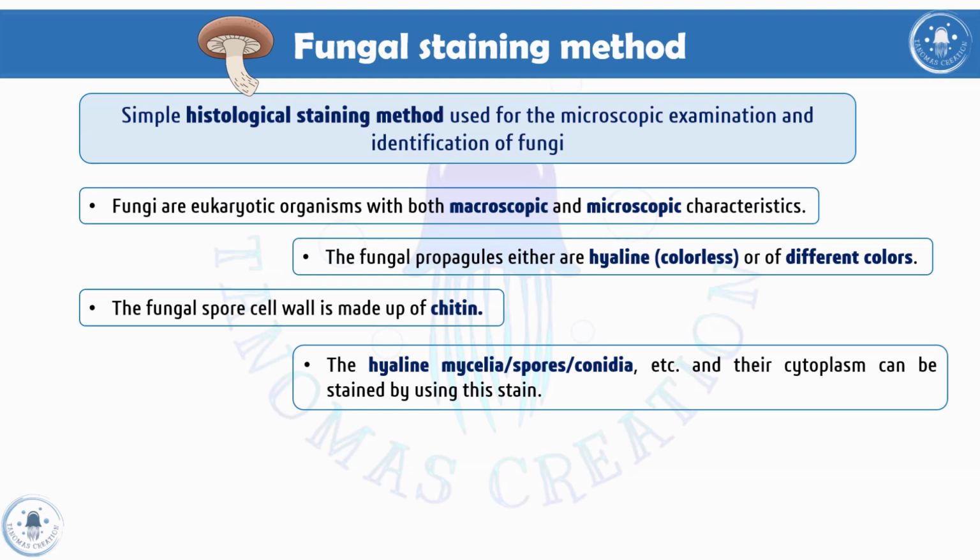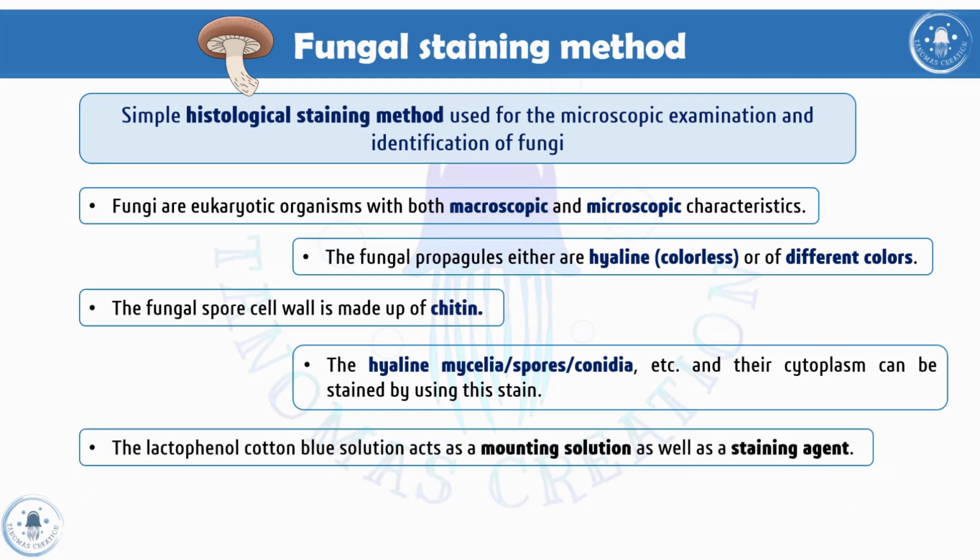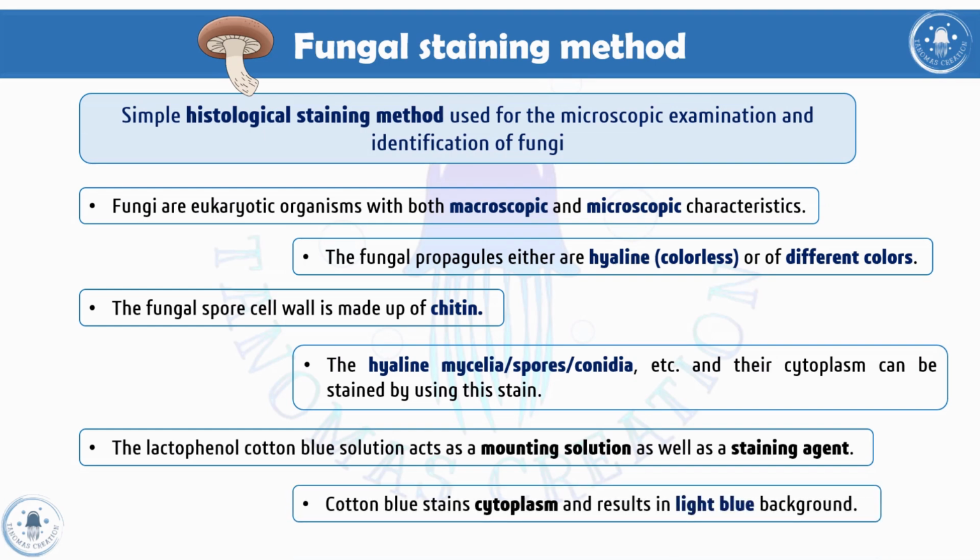This is a very widely and commonly used staining solution for fungal staining. Lactophenol cotton blue solution acts as a mounting solution as well as a staining agent, and the cotton blue stains the cytoplasm, which results in a light blue background.